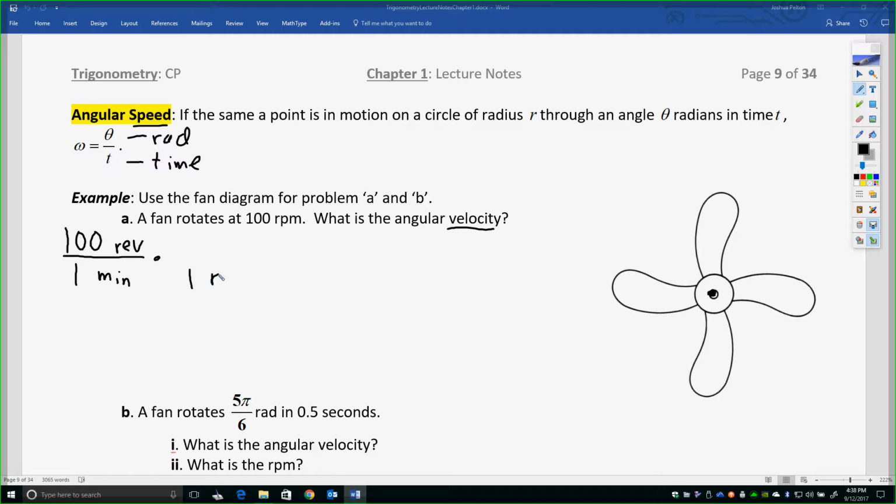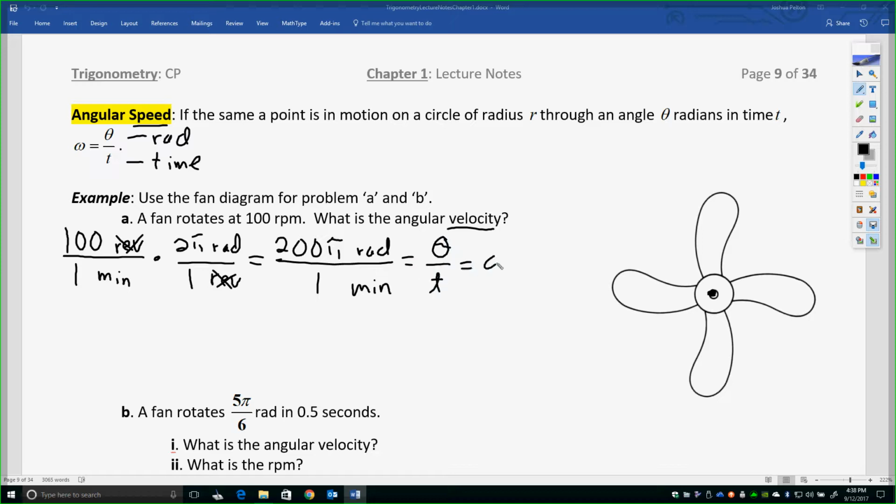So 1 revolution is 2 pi radians. So that'll cancel, and that'll give me 200 pi radians to 1 minute. And that is an angle over time. So that is, in fact, the angular velocity of that fan, which you can get the decimal answer for if you want. Okay, let's do a few calculations now.